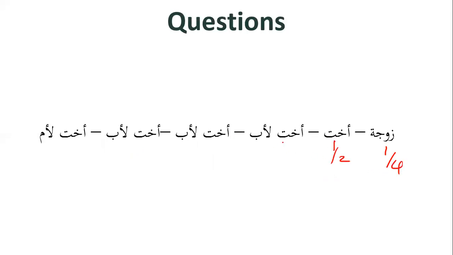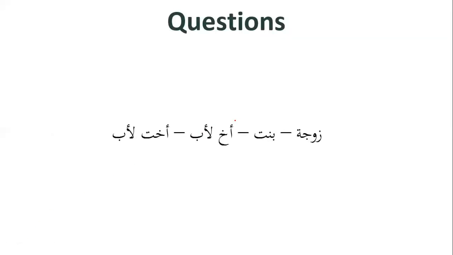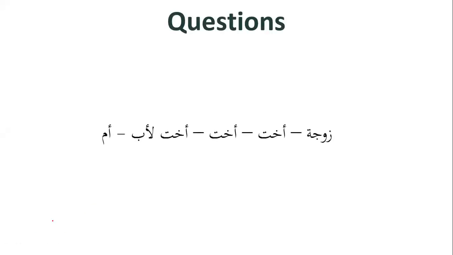The أخت would receive a half. أخت لأب all together would receive 1/6, and the أخت لأم would receive 1/6. زوجة 1/8, بنت a half, أخ لأب أخت لأب together عصبة. الزوجة would receive a quarter.